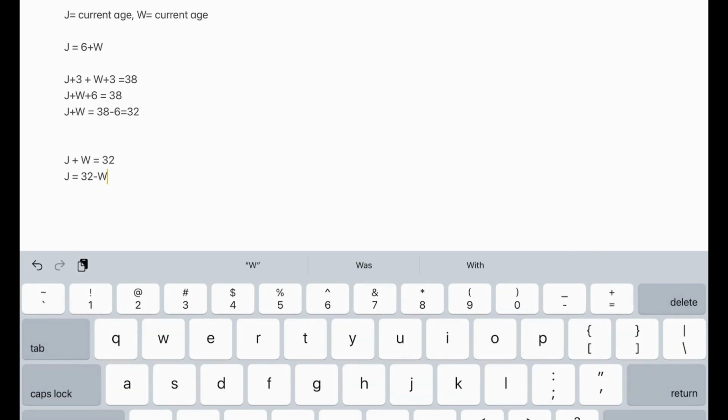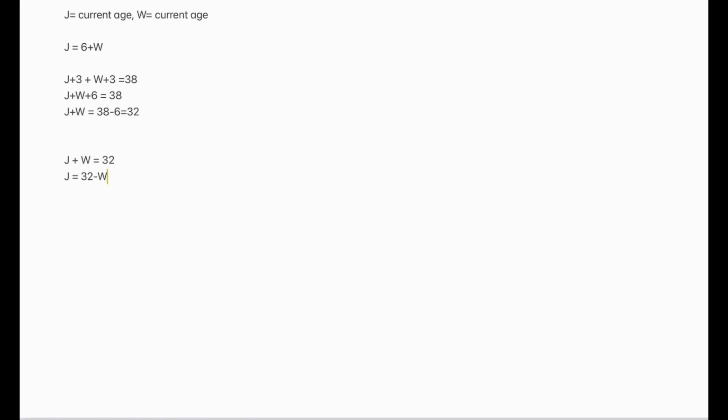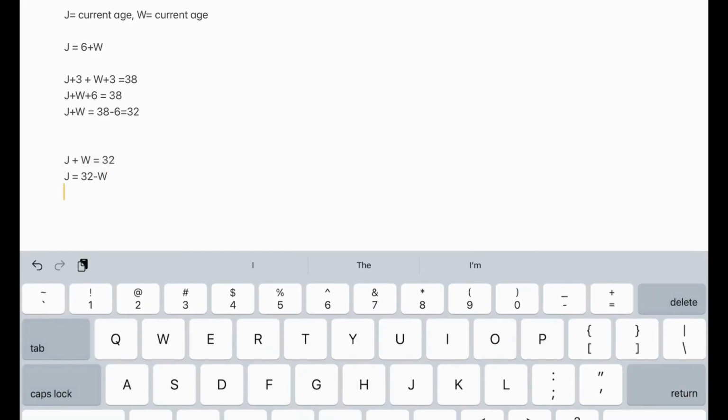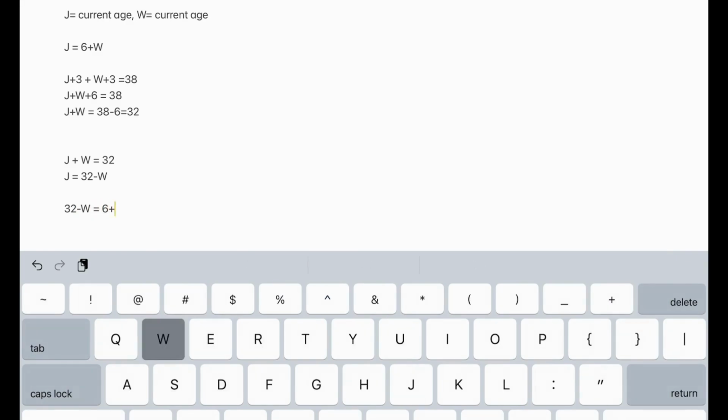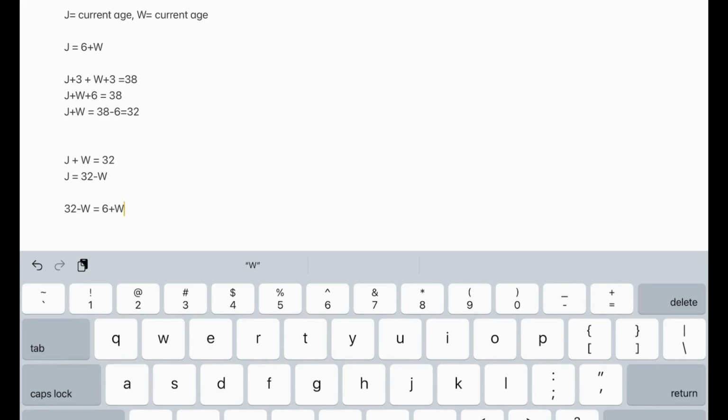So that becomes 32 minus W. I have two different equations which both equal J. Then I can say 32 minus W equals 6 plus W, because both of those equations equate to J.